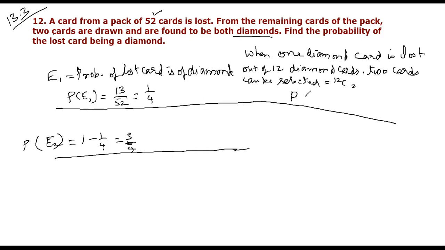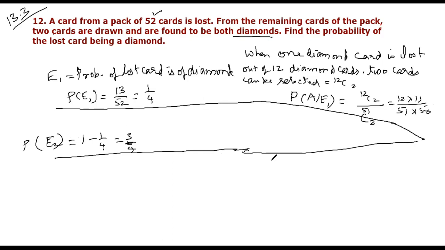The probability that the second card is also a diamond is 12C2, and 51 cards are left now, 51C2. So this will become 12 into 11 by 2 into 1, which will cancel with 51 into 50. Okay. Then now there is no diamond card lost. So the probability of the second card to be a diamond card, here all 13 diamond cards are there. 13C2 upon 51C2, since one card is lost.